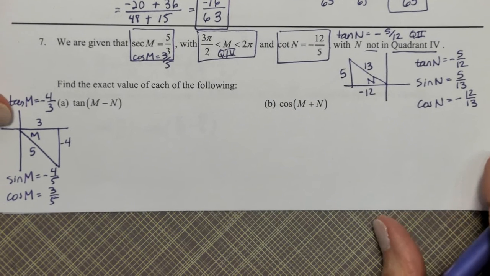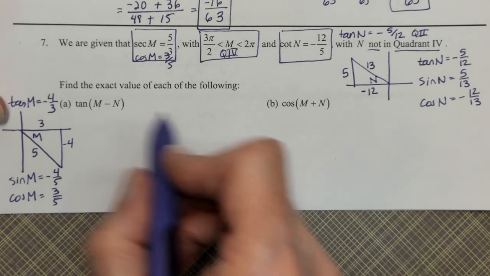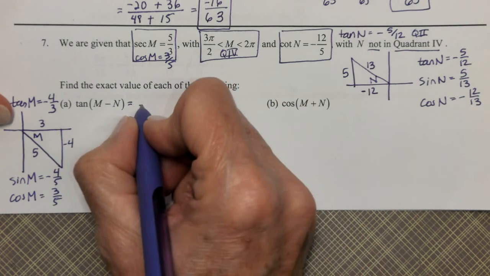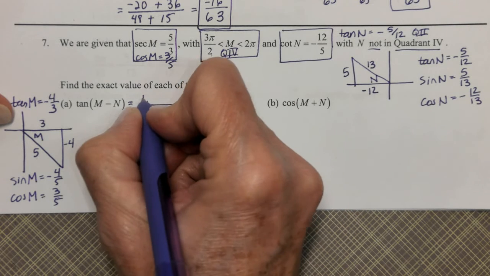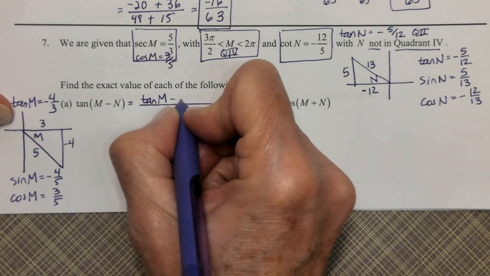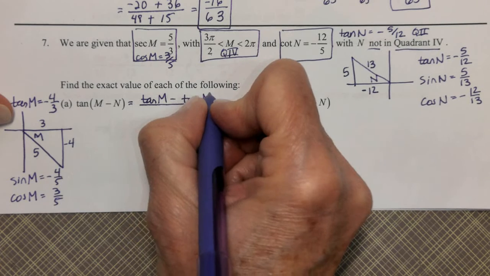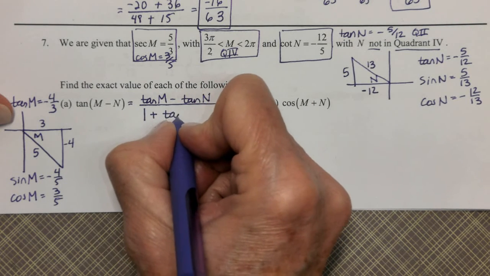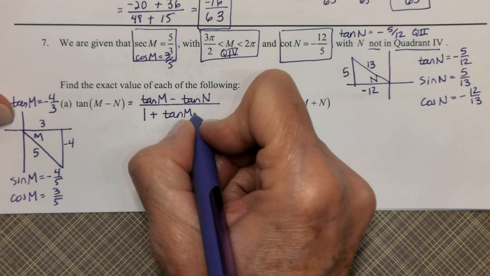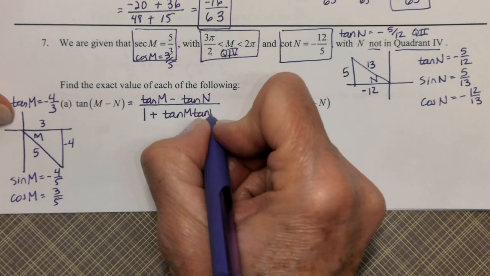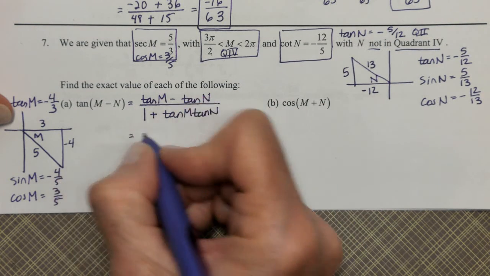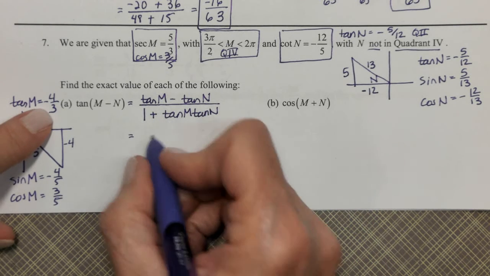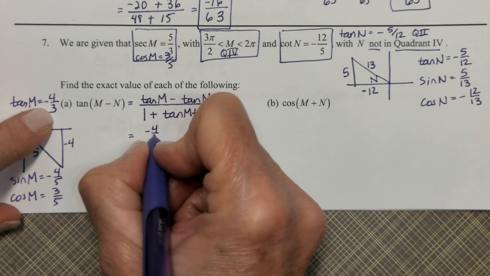Now we can go and get any value that we want from this. So tangent of m minus n, identity time: tangent of m minus tangent of n divided by 1 plus the product tangent m tangent n. Tangent of m is negative 4/3.